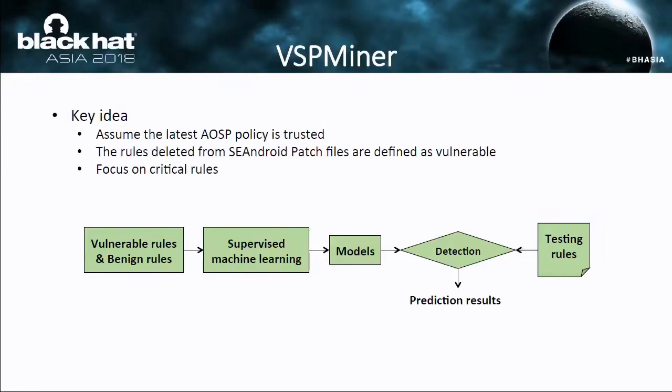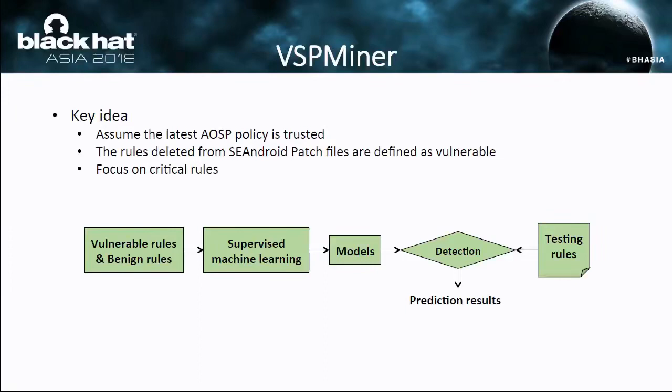It can help the policy developers pay more attention to these rules. And at last, we only focus on the critical rules, because maybe some rules only exist in one image, since they are customized by one company. So we only focus on the critical rules, and what critical rules are we will define later.